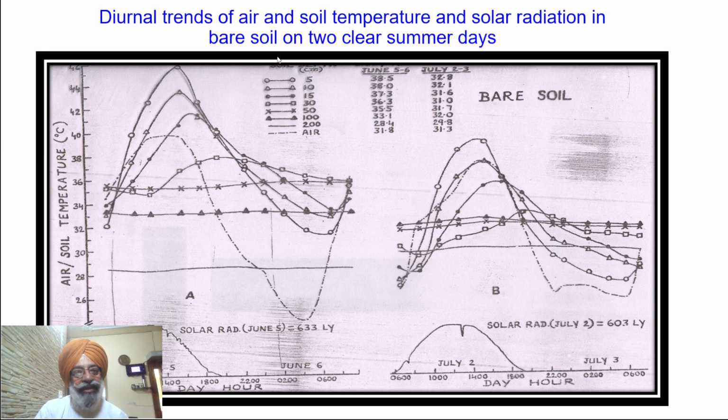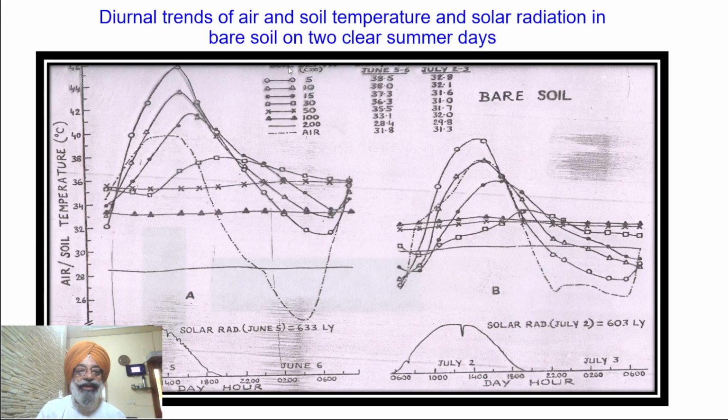The soil temperature was, as I said, at 5 centimeter, around 47 point something. Yes, if I see my papers, at 5 centimeter it was 45.7 degrees centigrade, and it reached that at 15:30 hours, whereas the peak flux of solar radiation, here, was 3.5 hours before that.